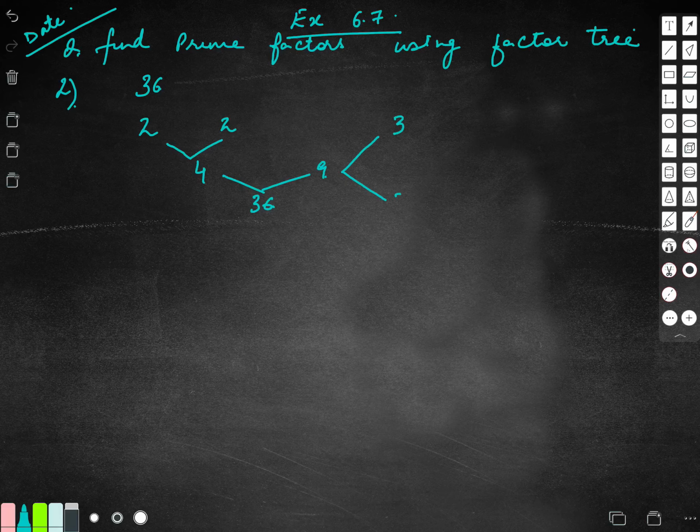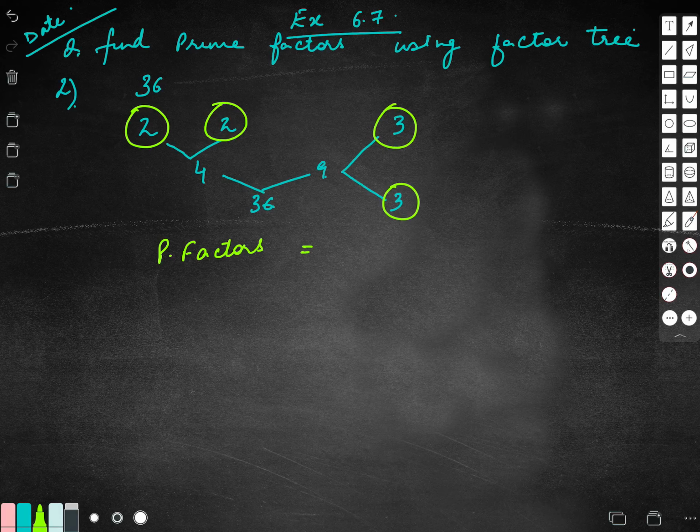I can make the branches in any direction, till the time I get prime numbers. So now you can observe that I have got my prime numbers. So what are my prime factors, children? My prime factors are 2 multiply 2 multiply 3 multiply 3. Please focus. I have a multiplication sign when I am using the factor tree to find the prime factors.